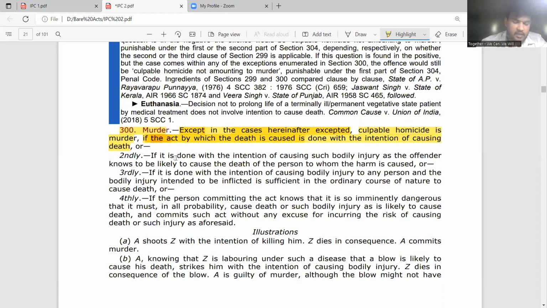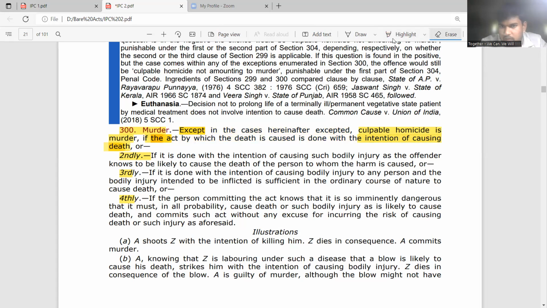So the necessary implication of section 299 part 1 and 300 part 1, it is basically 1, because from here we have secondly, thirdly, fourthly. So here it must be firstly only as it directly relates to section 299 1. First leave this part.